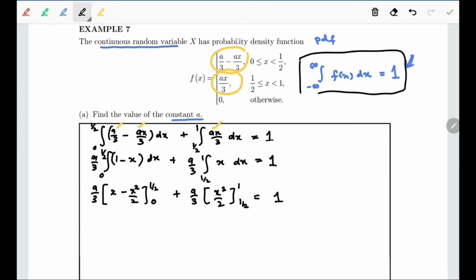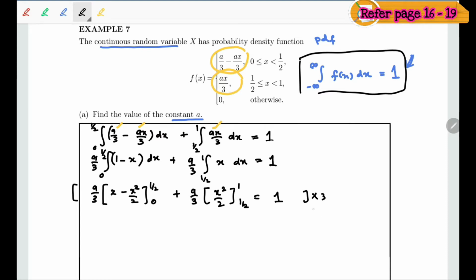Since we have a over 3 for both terms on the left side, we can multiply by 3 in order to eliminate the 3. It's an option. If you don't want to do it, just forget the multiplication by 3. So then we substitute.